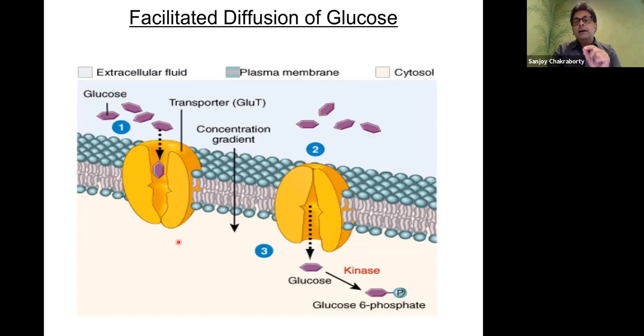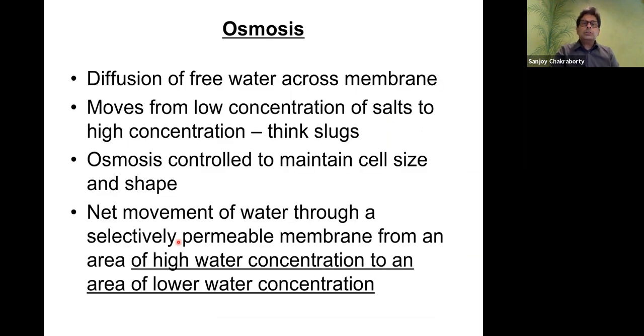Then comes osmosis. Now osmosis, as I explained earlier, is the diffusion of water. So what is diffusion again? Diffusion is the movement of molecules from high to low concentration.